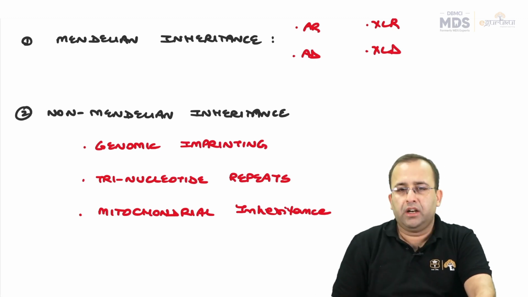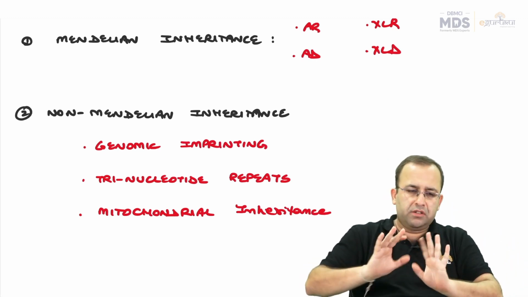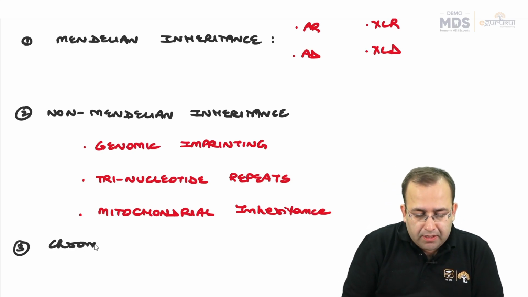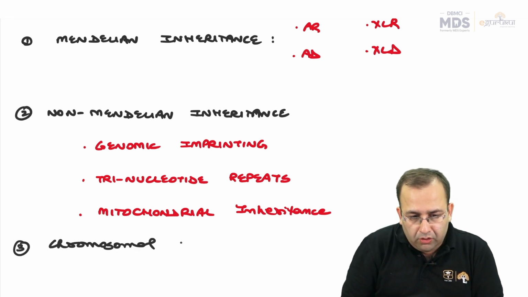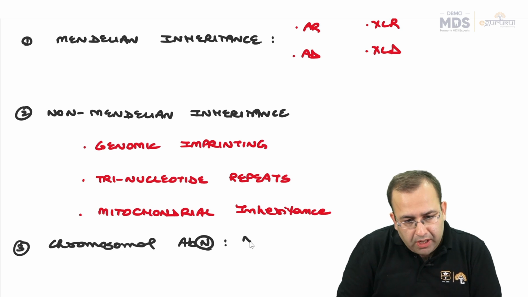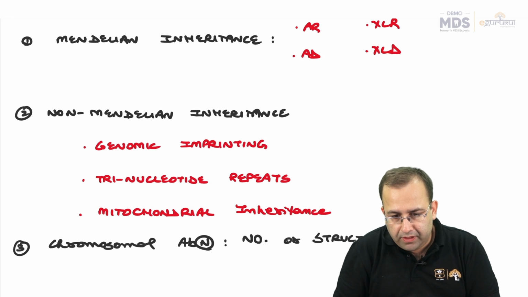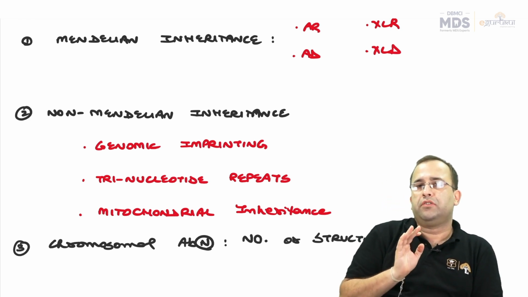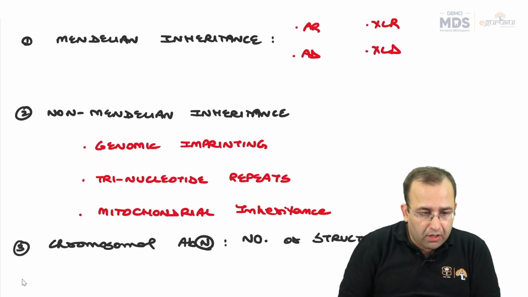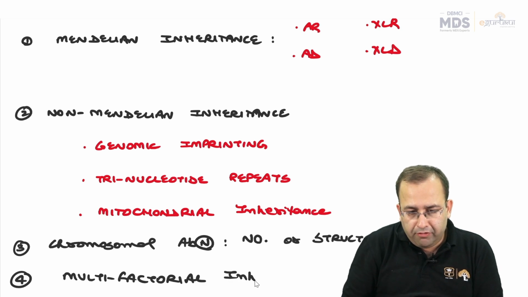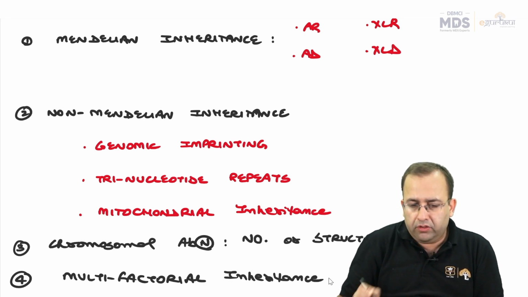Next, the third category. We'll do all these one by one. Right now, we're just making a table. The third category of genetic diseases are chromosomal abnormalities, which can either be in number or structure of chromosomes. And lastly is multifactorial inheritance, where multiple factors play a role.